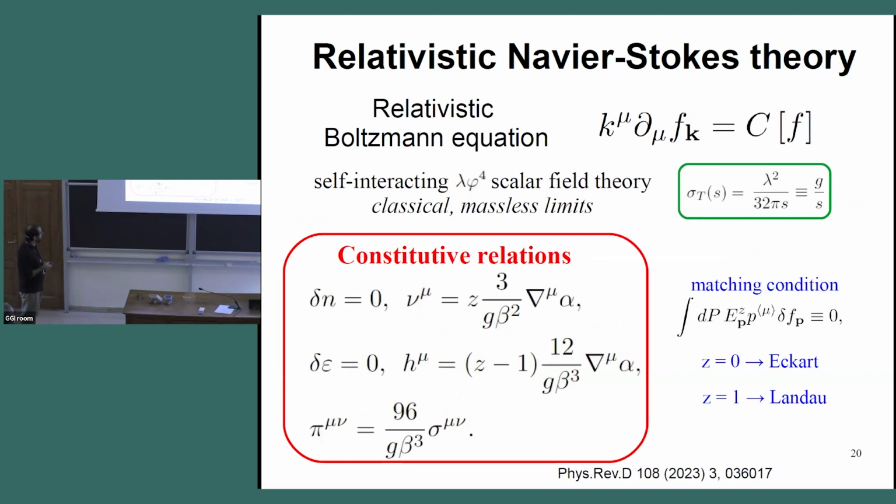Okay, once you solve for this F, you can insert it in T mu and the conserved currents and get constitutive relations for your dissipative currents. So the answer is in this red box here. Since we are in this massless picture, there will be no dissipative corrections to the particle number and to the energy density, regardless of your matching conditions. They will all be zero anyway.